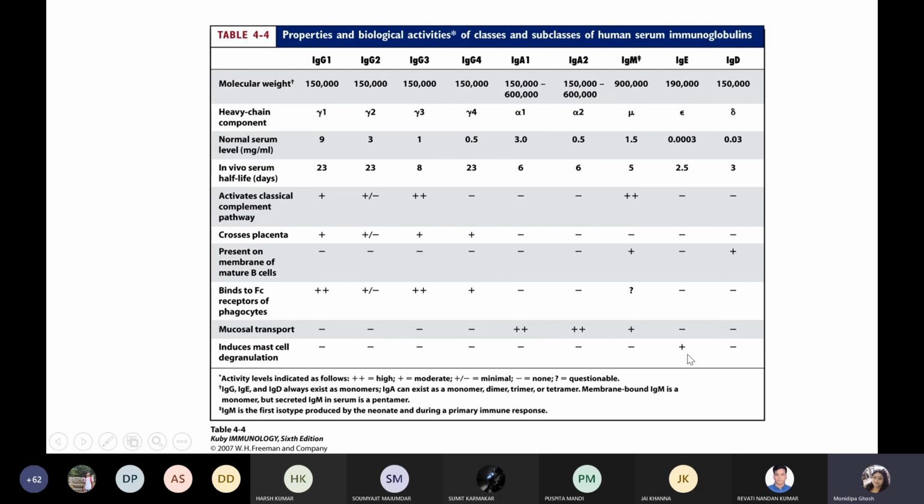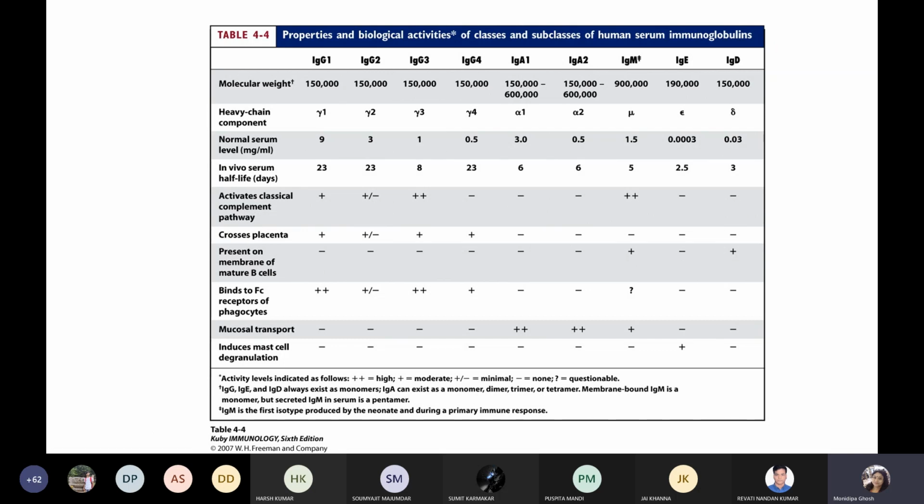That is why we take antihistamine for allergic reactions. And the mode of action of IgE is the degranulation of the granulocyte.